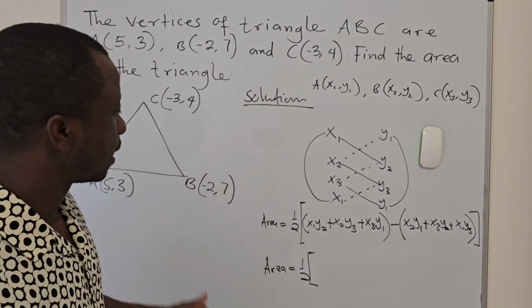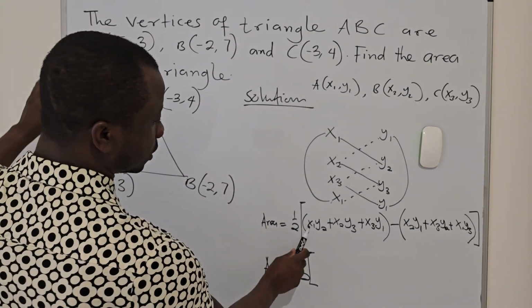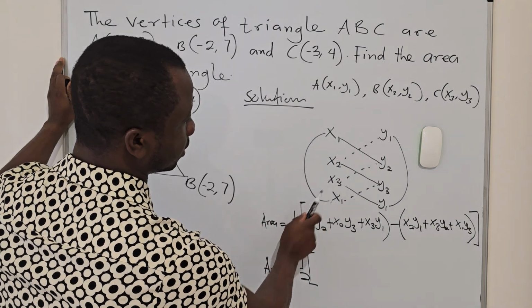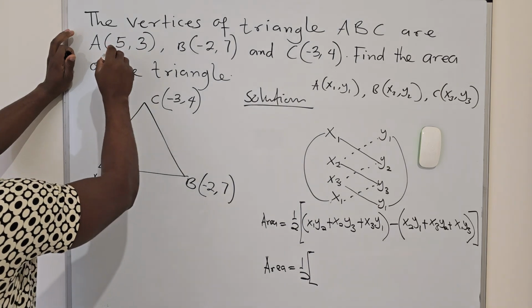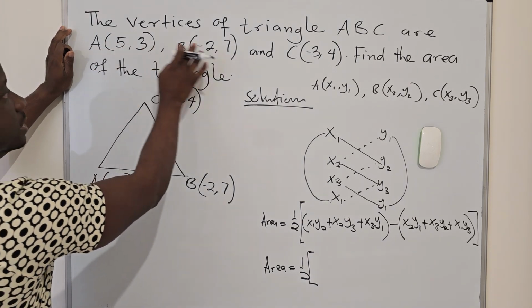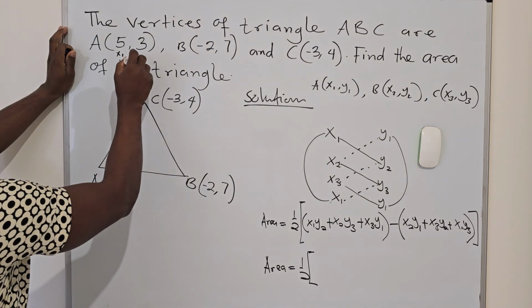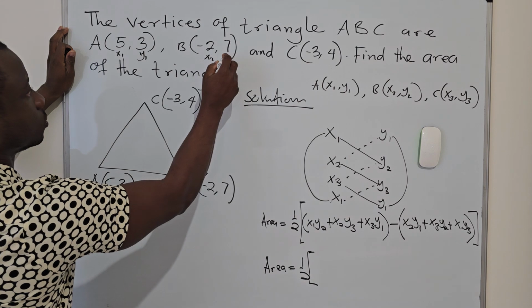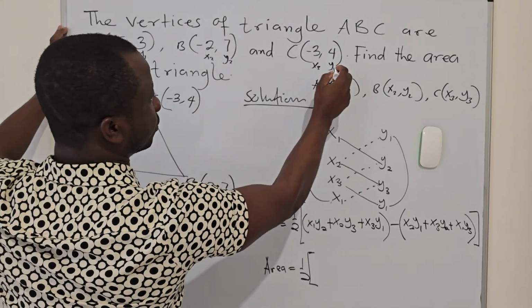You can do that, but to make it simple, this is what I'm going to do. First of all, this x1, x1, x2, x3, and then y1, y2, y3, you can compare them here. So if this is my first coordinate, second coordinate, and third coordinate, this is going to give me x1, and then y1, x2, y2, and then x3, and then y3.